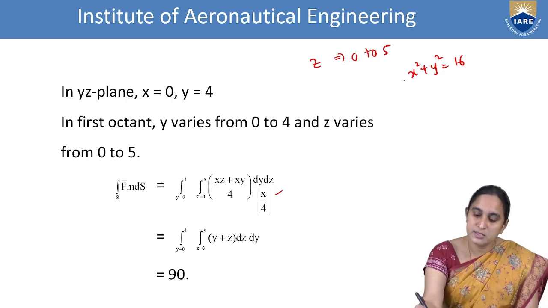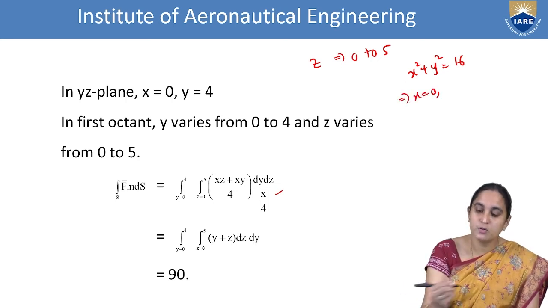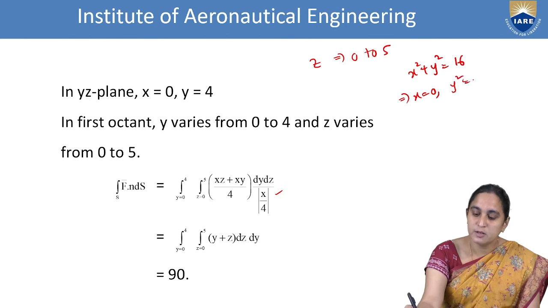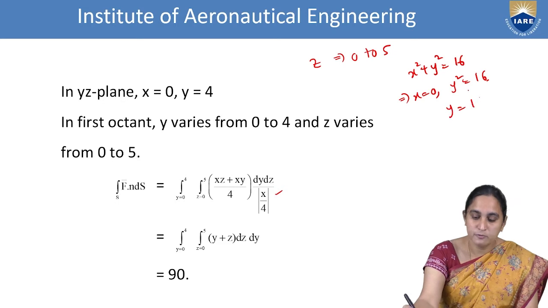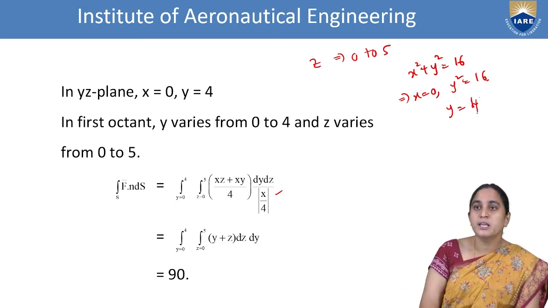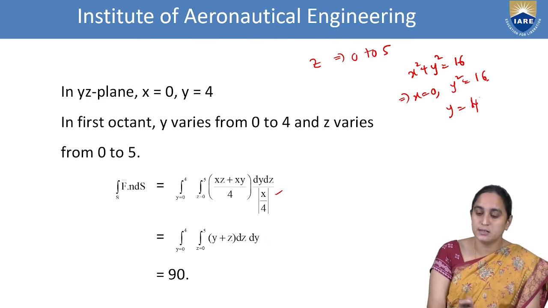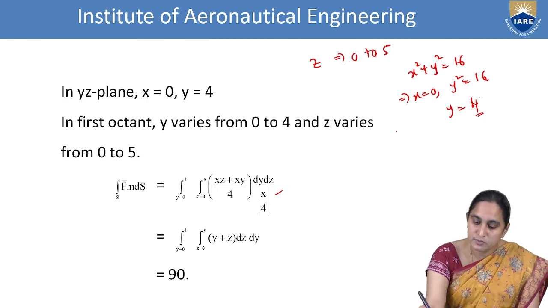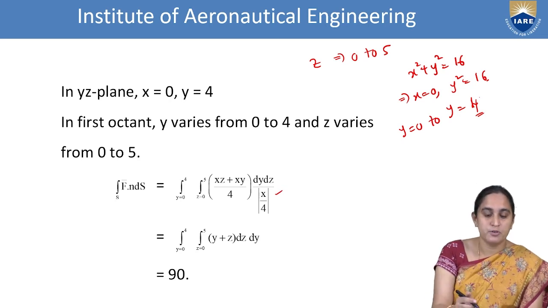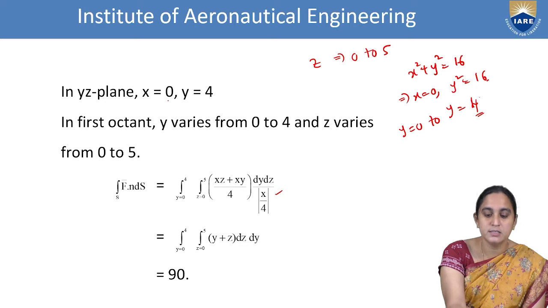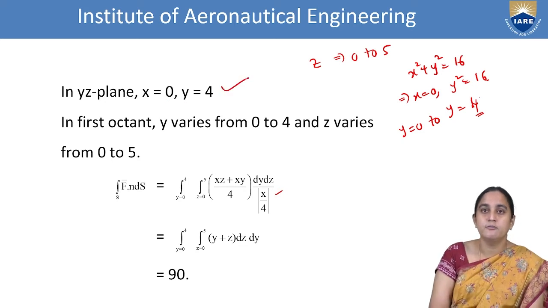Substituting x is 0, then y squared is equal to 16. Therefore, y is equal to 4. I'm taking only the positive value. Why? Because here we are calculating on the YZ plane. That means the upper point is y is 4 and it starts from 0. Therefore, the limit points are y is equal to 0 to 4.